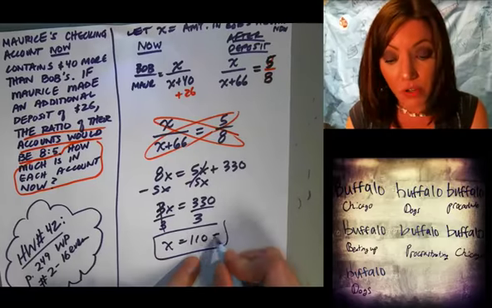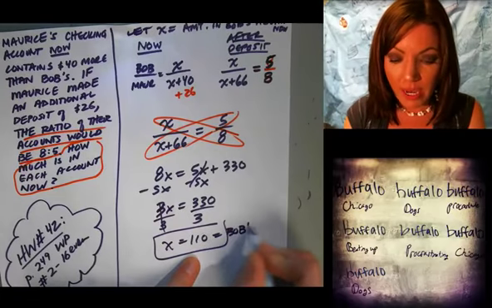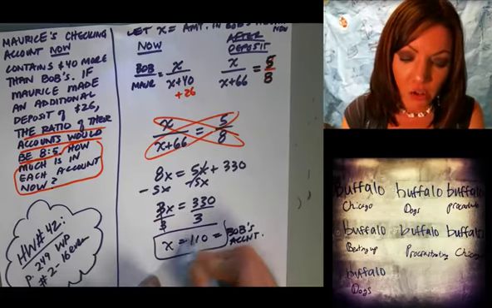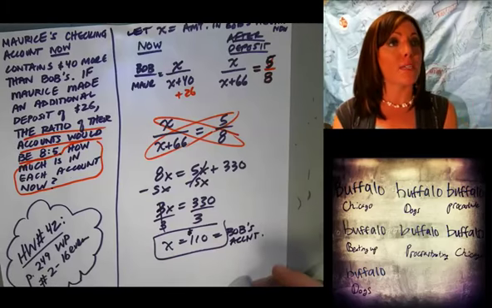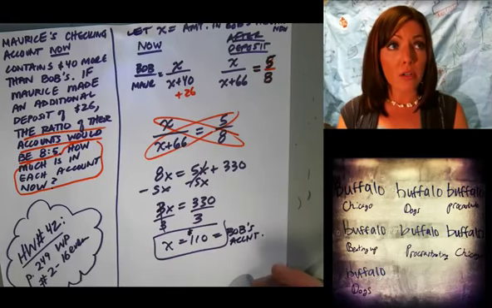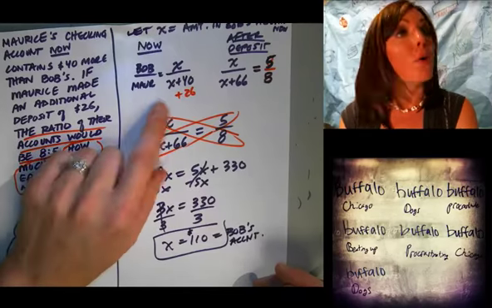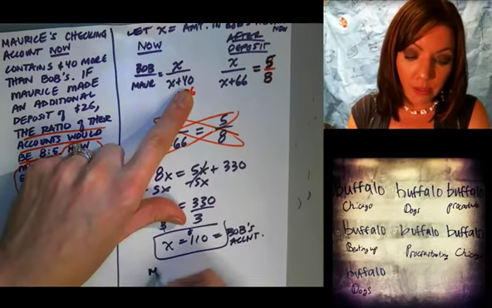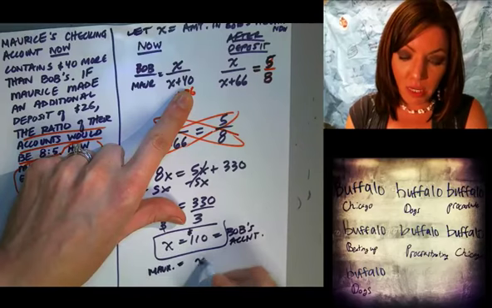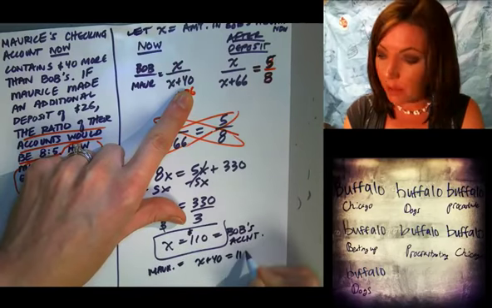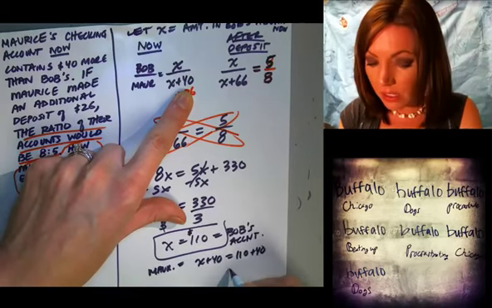So, we found one of them. That's Bob's account. It's $110. How do I find Maurice's now that I know what Bob's is? The amount now, which is X plus 40, which is 110 plus 40, or 150.